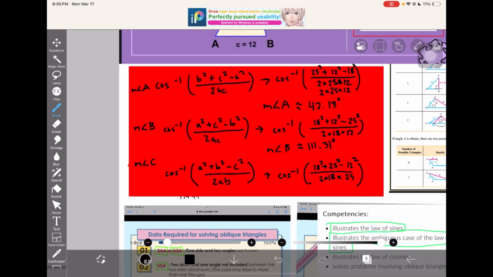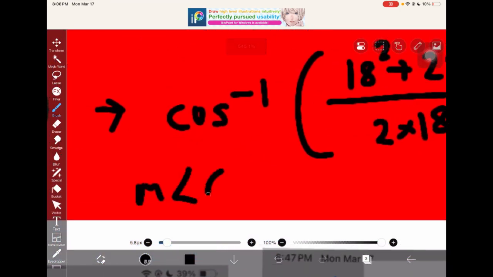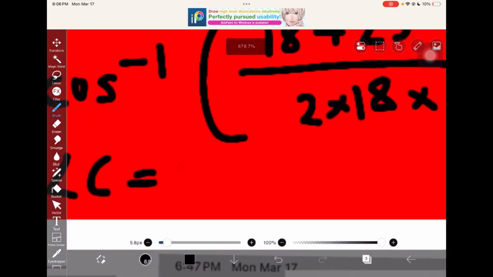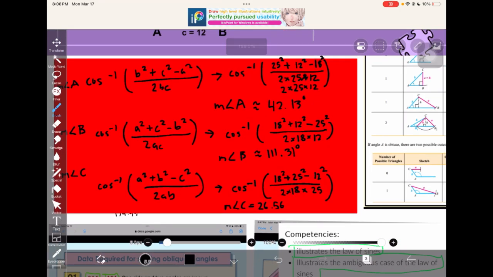Close that parentheses, and we get an approximate measure of C equal to 26.56.